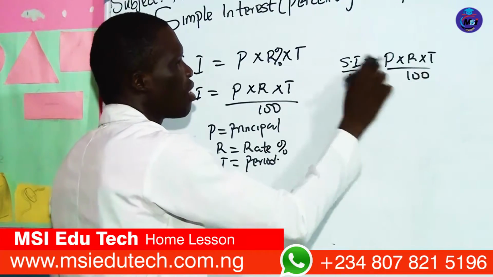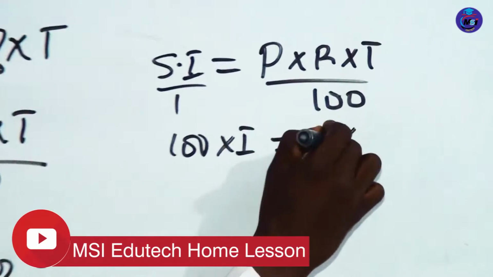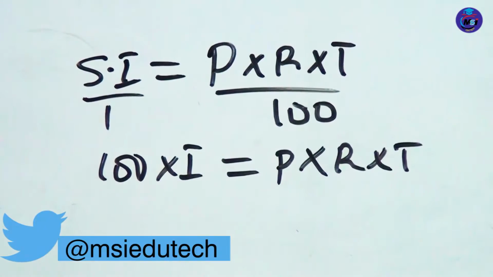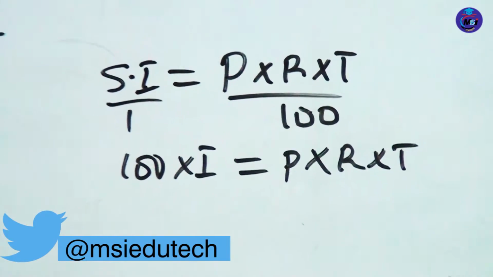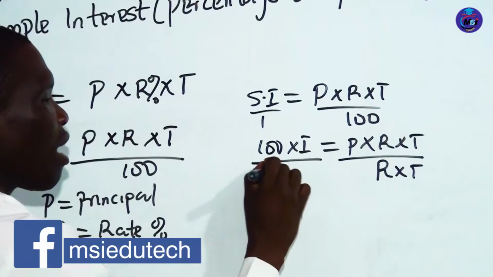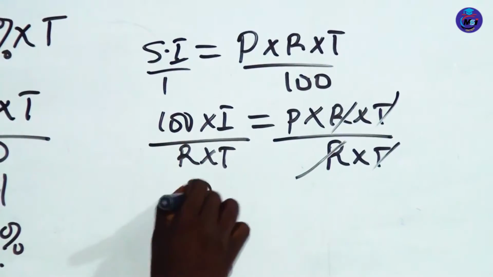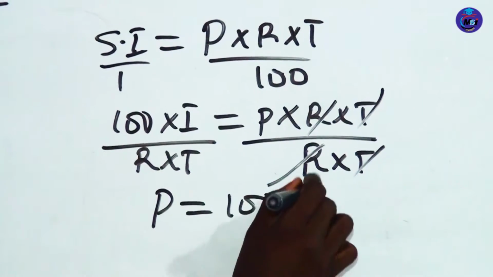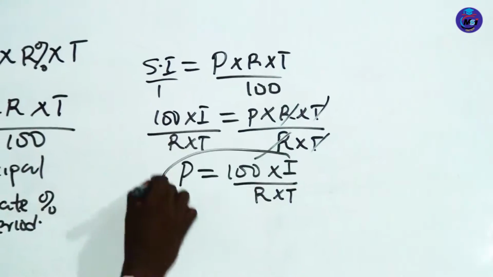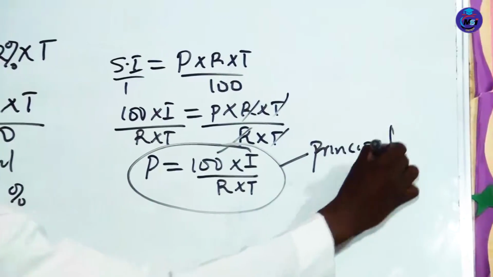Divide this by 1. 100 multiplied by interest equals P multiplied by R multiplied by T. You are looking for P. Divide by R times T, so R cancels R and T cancels T. Principal gives you 100 times I all over R times T.